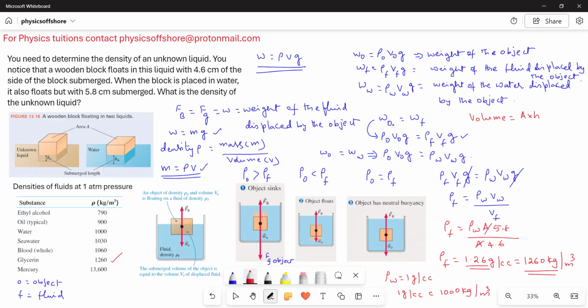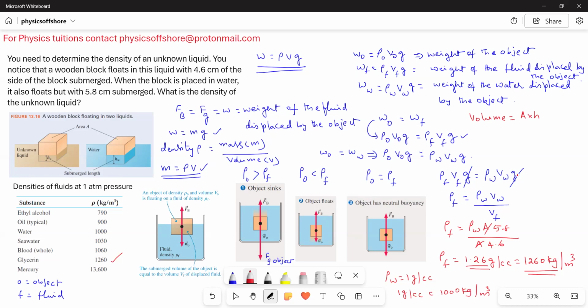When we keep the object in the unknown liquid, which I am representing as F for fluid, rho naught V naught G is equal to rho F V F G. Next we place the object in the water, so rho naught V naught G is equal to rho W V W G. As the left hand sides are the same, we can equate the right hand sides. So rho F V F G is equal to rho water V water G, and rho F is equal to rho water V water by V unknown liquid.